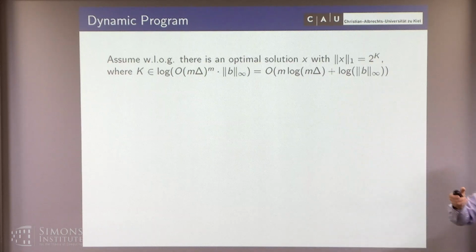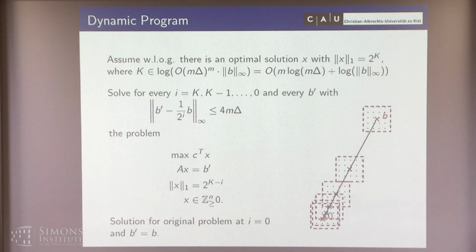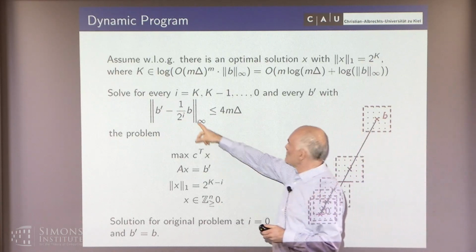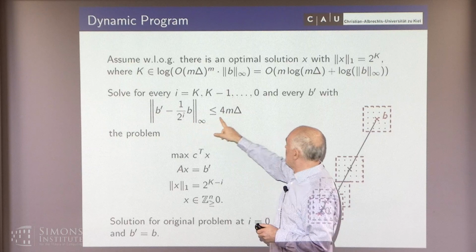And the idea is to go stepwise. You start with norm 1, 2, 4, etc., until you reach your optimum solution. And it's sufficient to only take the smaller solution and connect it later. You can use the other solution again above. So what we solve now is iteratively. You look at all right-hand sides that are close to the diagonal by these values.